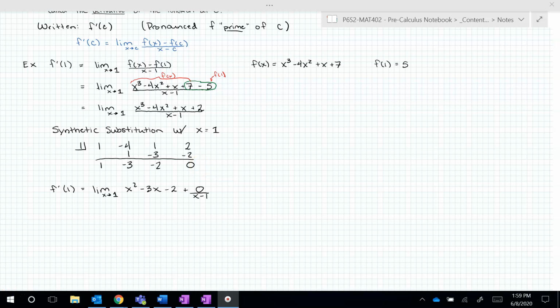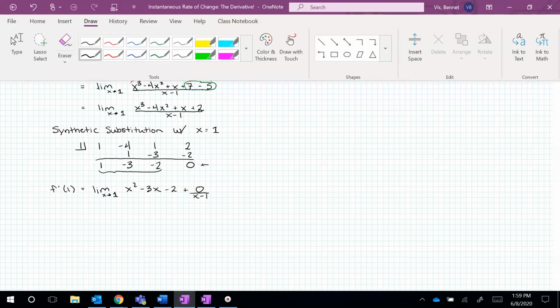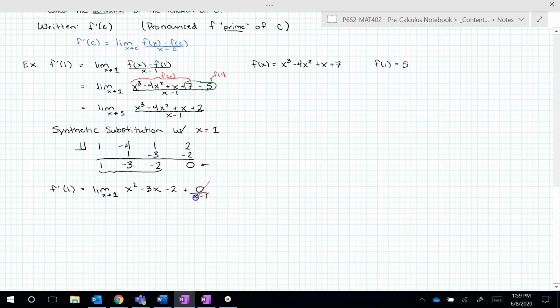So these are my quadratic coefficients, and this is my remainder with that division, and I always put the remainder on top of that. But again, that 0 over x minus 1 has no effect anywhere except at 1. 0 divided by anything is always 0, no matter how close x gets to 1. Right? 0 divided by 1/100000th is still 0.